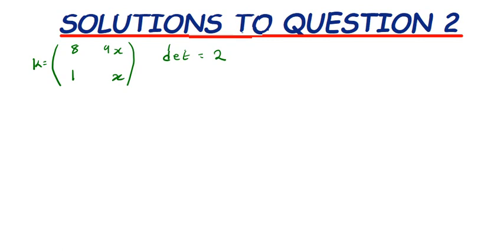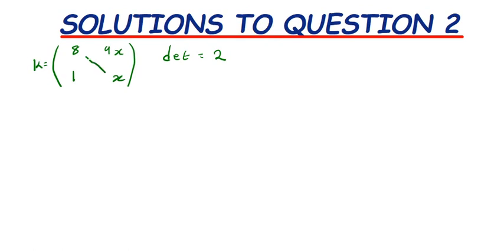So which one is the major diagonal? The major diagonal is this one. And the minor diagonal is this one, which I haven't crossed here, from this point to that point. So those are the diagonals that we have in a matrix.